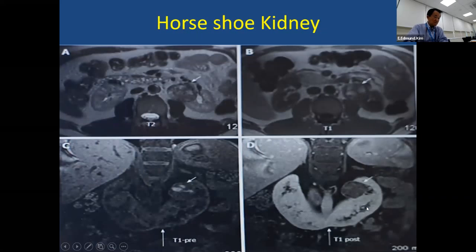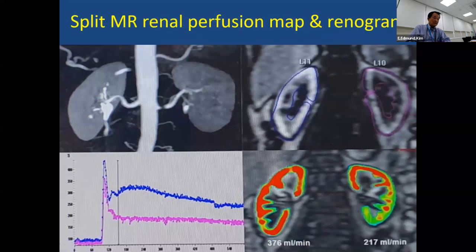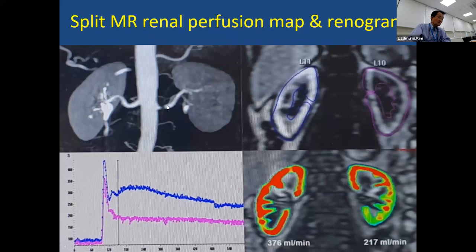This is a horseshoe kidney, another congenital anomaly. And MR can also generate split renal function, outlining very precisely the cortex and medulla. You can generate a time and signal intensity curve, just like a renogram curve. And you can also demonstrate all the major renal arteries and any blockage or narrowing.